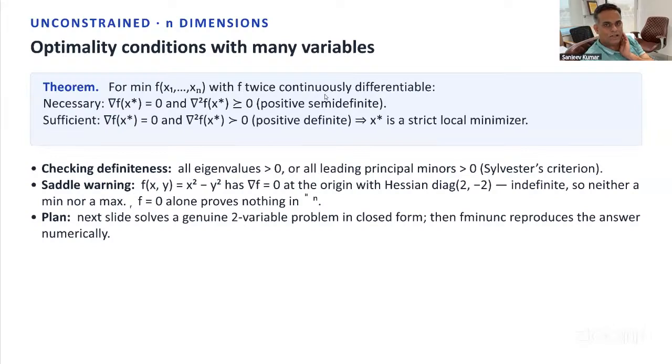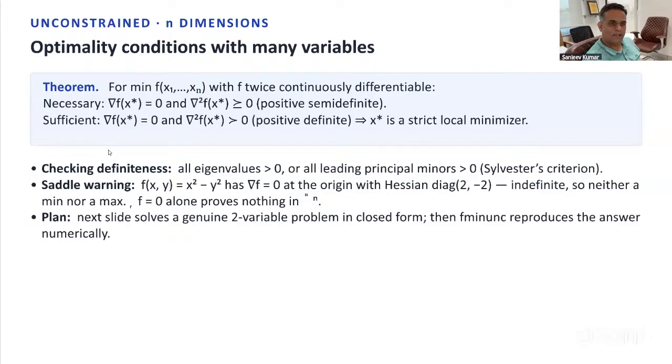Then the necessary condition is that x star will be a point of minima or maxima only when the gradient of f at that point is a zero vector and the second order Hessian of f is a positive semi-definite matrix.